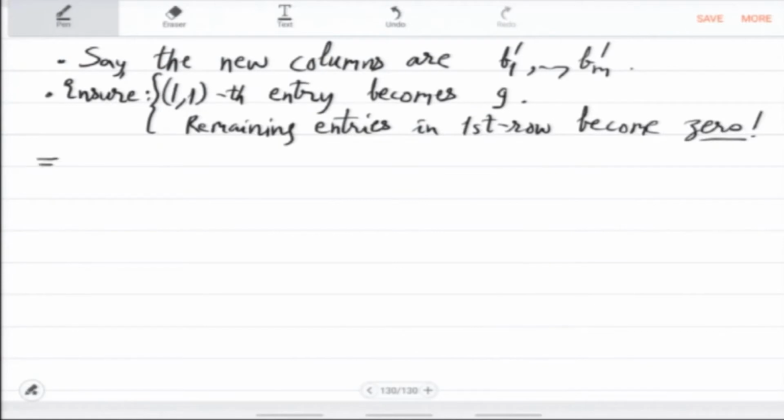Which means that now the matrix B will be transformed to B prime, which looks like this. There is G and the remaining entries in the first row have vanished. In the first column you have some entries.